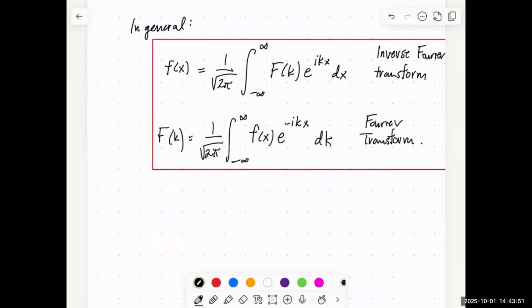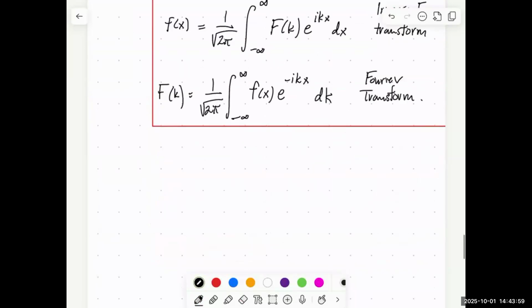So let's try to go back and justify this delta function relationship that I used. So let's return to e to the i(k minus k naught)x integrated with respect to x.